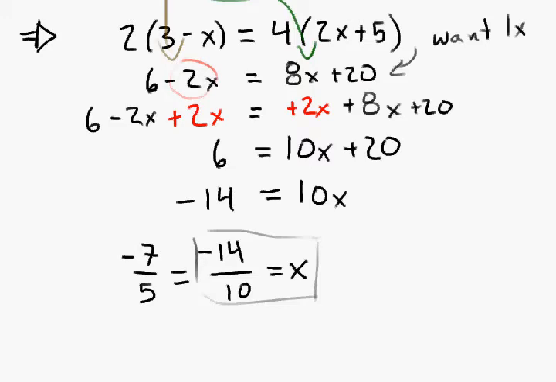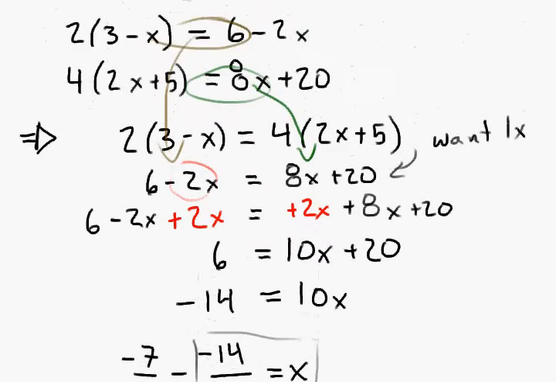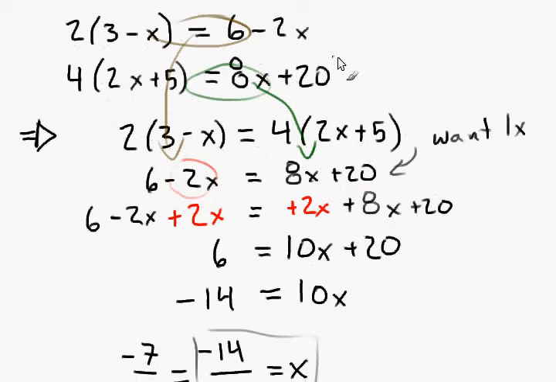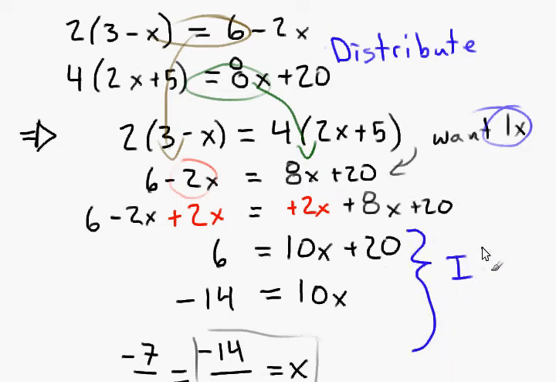So let's take a look back at what we did. Right here, this was distribution. Distributed. Then we got to a single x, and then from this point we just solved with inverse reverse.